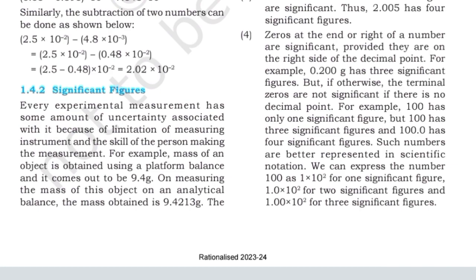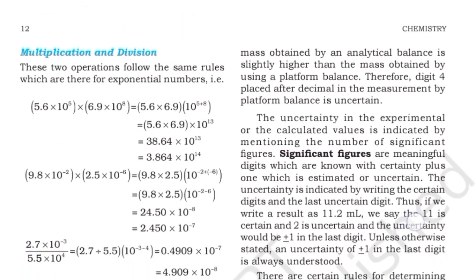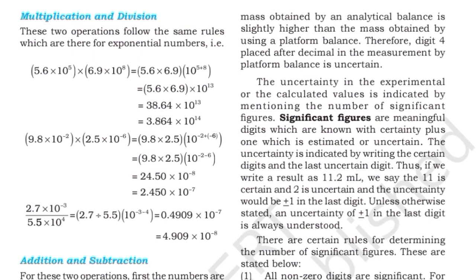On measuring the mass of this object on an analytical balance, the mass obtained is 9.4213 grams. The mass obtained by an analytical balance is slightly higher than the mass obtained by using a platform balance. Therefore, the digit 4 placed after the decimal in the measurement by platform balance is uncertain.